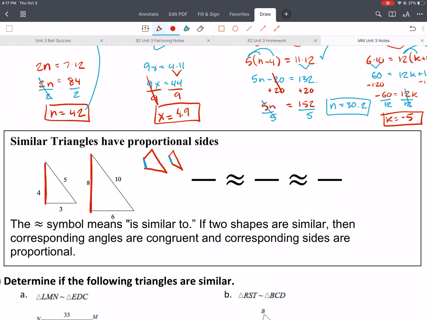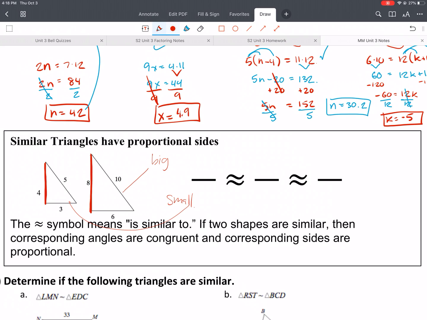When we are trying to prove that they are similar, we will use something like this. The numerators will go for one of your triangles, and the denominators we would use for the other triangle. Let's do big on top, and small on the bottom.